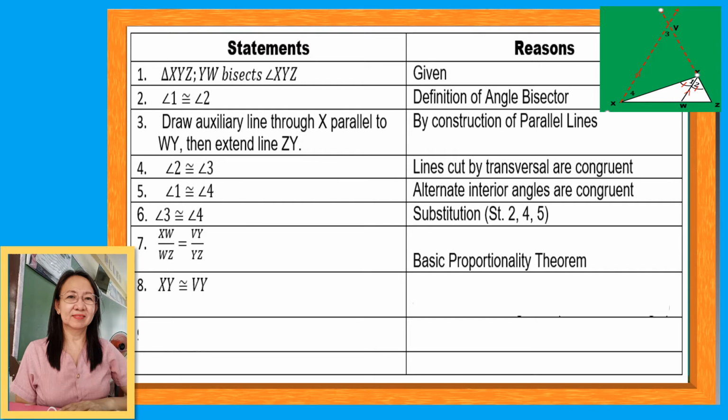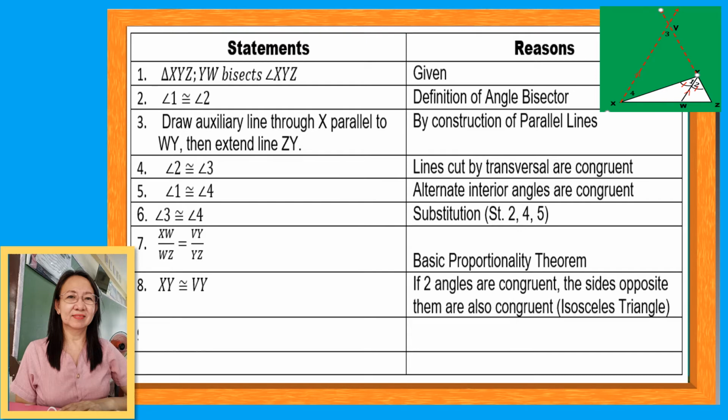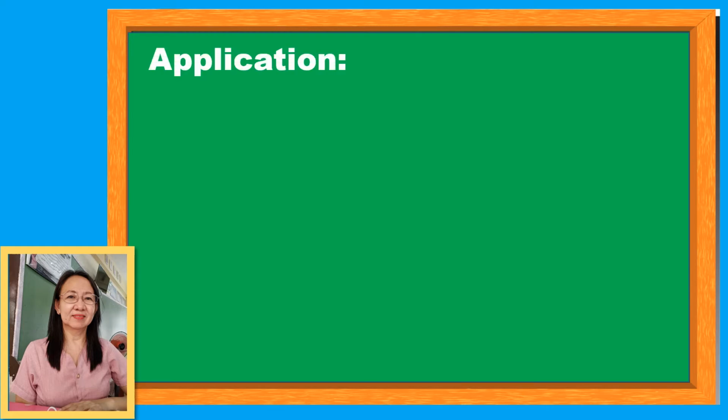Then, XY is congruent to VY. If two angles are congruent, then the sides opposite them are also congruent. This is from the definition of our isosceles triangle. Then XW is to WZ is equal to XY to YZ, as what we have to prove. And that is by substitution using statements number 7 and 8.